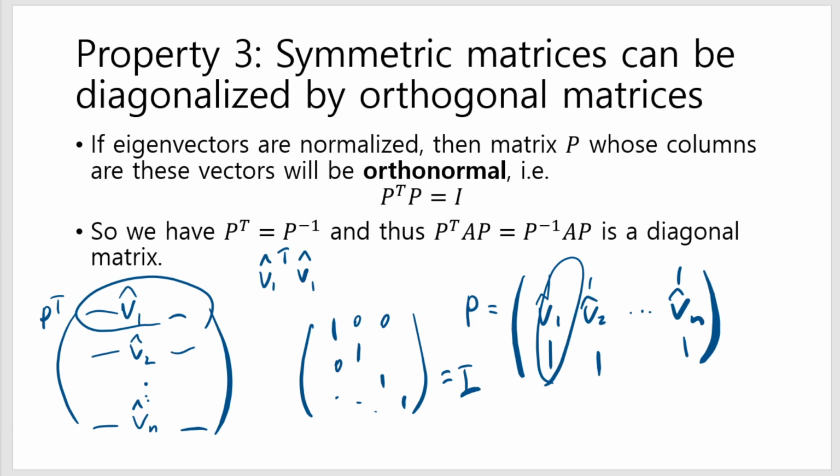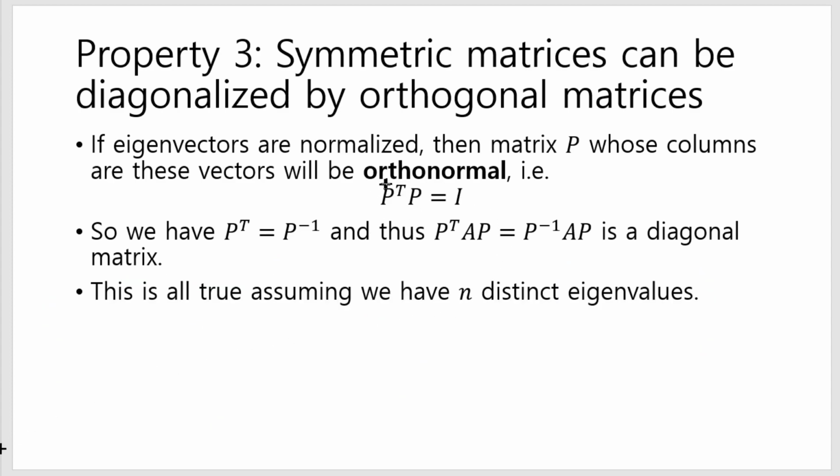We call such a matrix an orthogonal matrix. Another way to say this is that P transpose is the same as P inverse, okay? Because they multiply to the identity, that means P transpose is P inverse. You can get it by multiplying by P inverse on both sides. So there's a very specific type of diagonalization for a real symmetric matrix.